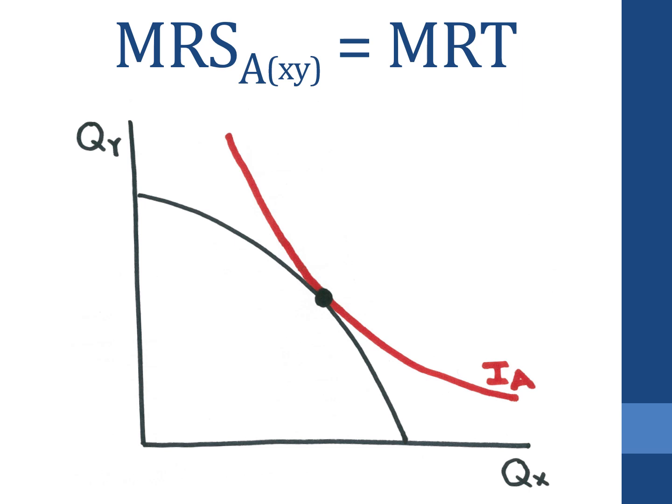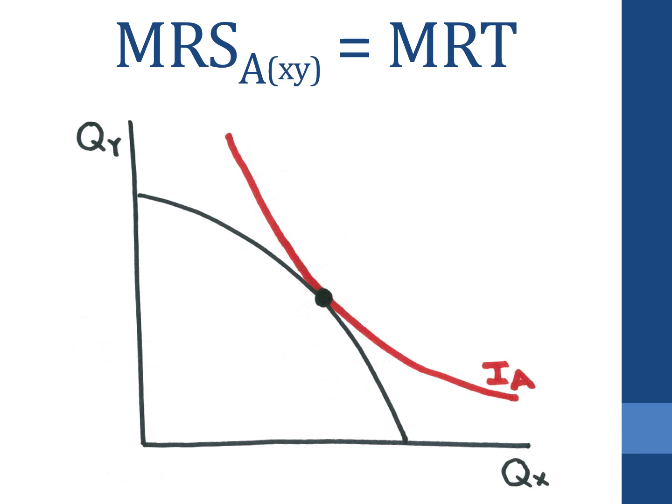Here, the slope of the production possibilities frontier, the marginal rate of transformation, is equal to the slope of our consumers' indifference curve. Note, either of our consumers could be placed here, the marginal rate of substitution of person A or the marginal rate of substitution of person B. Why? Because we know that those two will be the same due to our explanation of exchange efficiency.